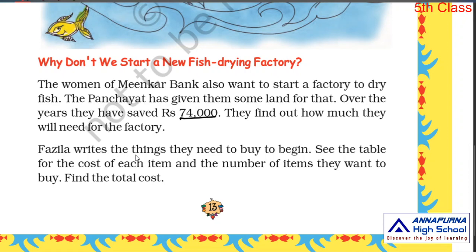So Fazila writes the things they need to buy to begin. See the table for the cost of each item and the number of items they want to buy. Find the total cost.